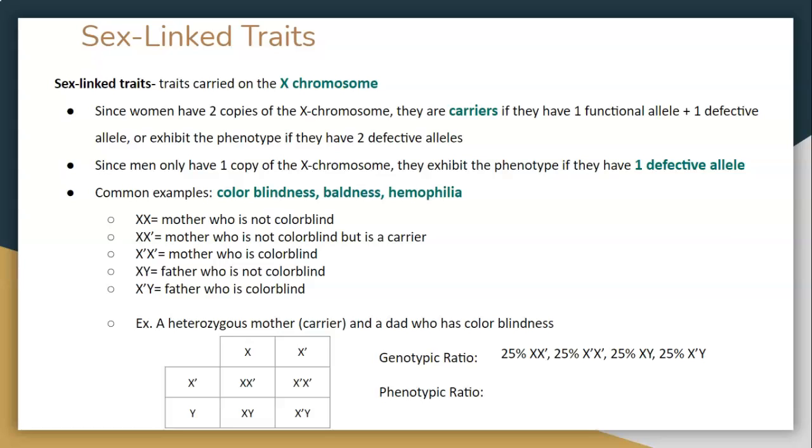You have 25% are a female carrier, 25% are female colorblind, or X prime X prime, 25% XY, 25% X prime Y, and the phenotypic ratio, you would have to specify whether it is female or male. In this case, 25% carrier female, 25% colorblind female, 25% normal male, and 25% colorblind male.